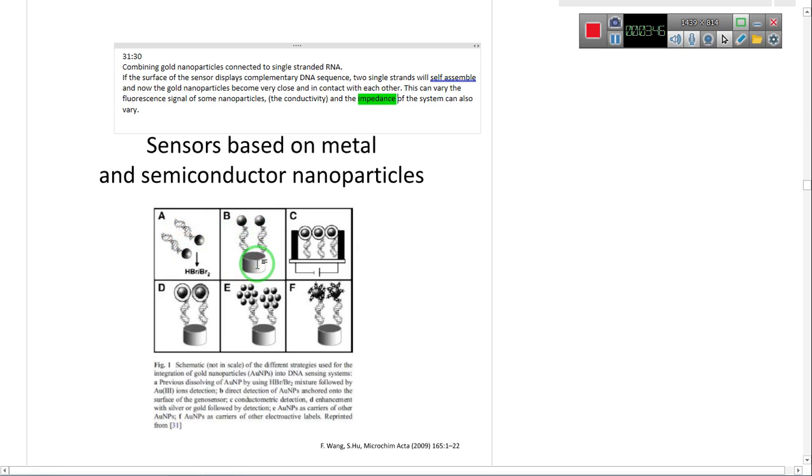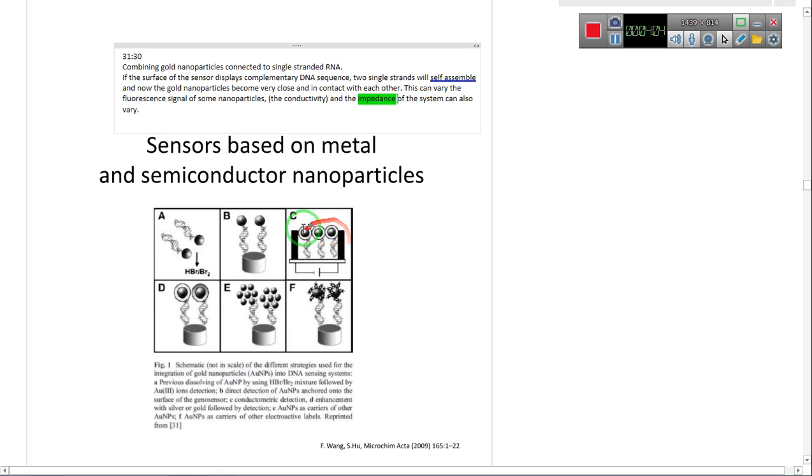Well, we can also, let's say, measure the change which happens to the amount of fluorescence signal that we get from these molecules.